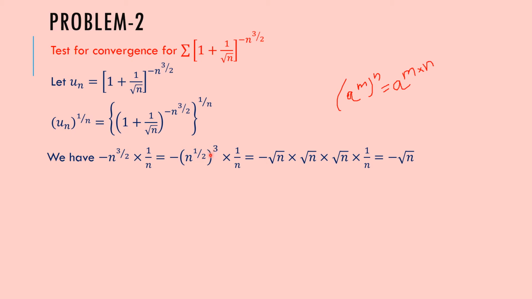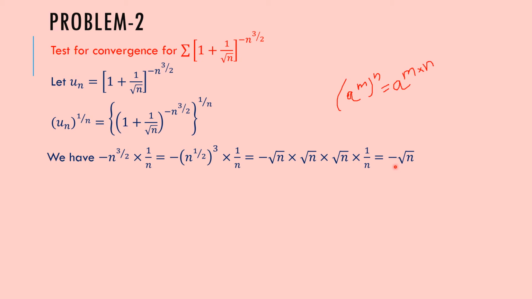So root n into root n into root n into 1 by n. And also we know that n is equal to root n into root n. So root n into root n, if I substitute here, that cancels with the numerator and remains minus root n in the numerator. So this power simplified like this.